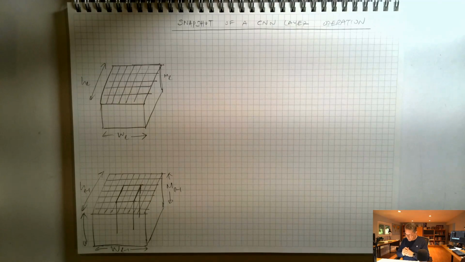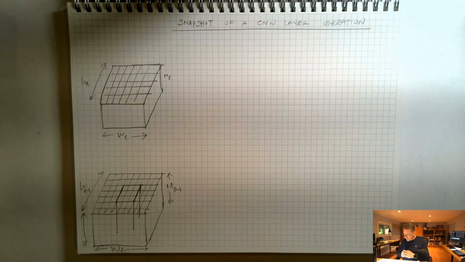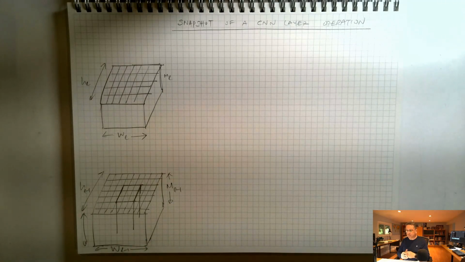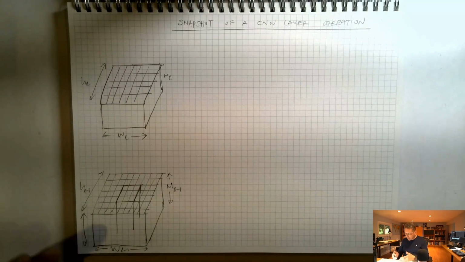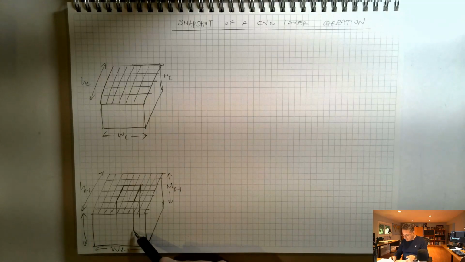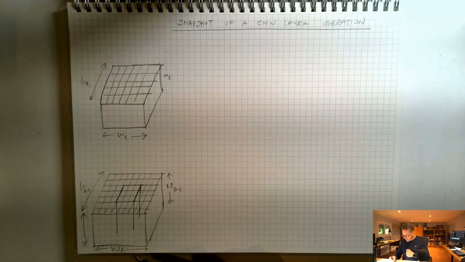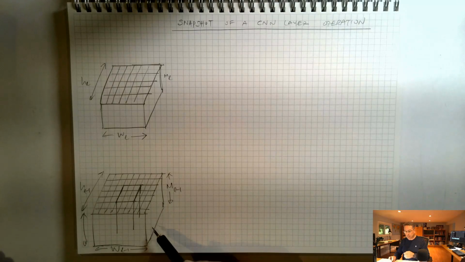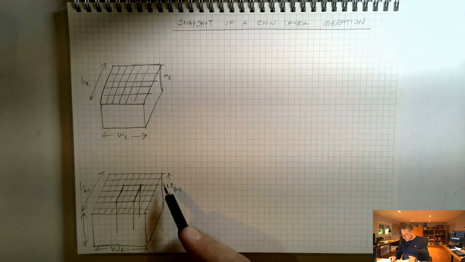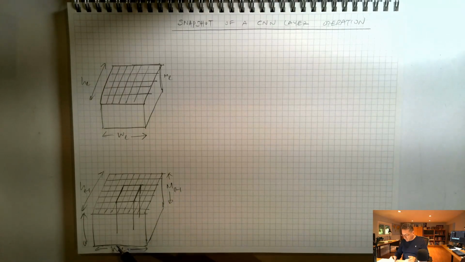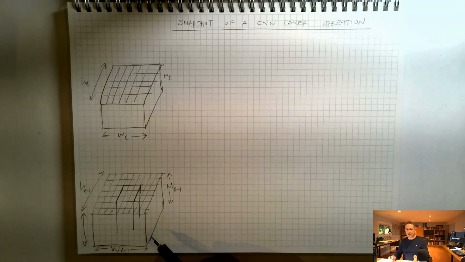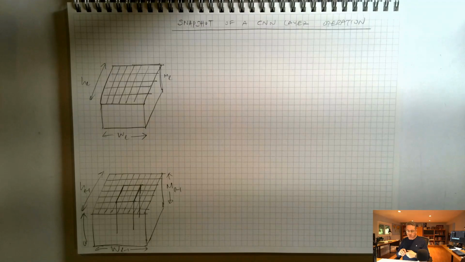So the question I actually have right now is to understand a little bit about the depth of the filter. And we have three options. Either the depth of the filter will be deeper than the input feature map, shallower than the input feature map, or exactly the same depth as the input feature map. So let's try to do some reasoning over here.